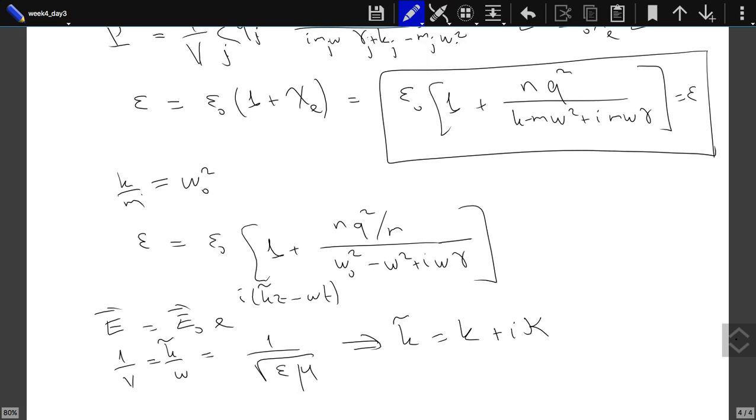Now, in general, that damping will be negligible if omega is different than omega 0. But if omega is close to that omega 0, that damping will not be negligible. The imaginary part will be large, and so the wave will not be able to propagate.